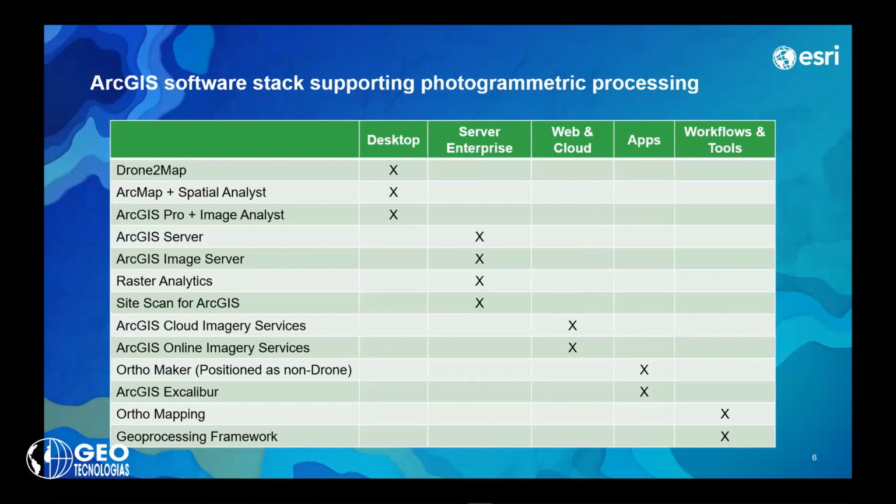There are two new offerings in the imagery space for Esri, and these are ArcGIS Cloud Imagery Services and ArcGIS Online Imagery Services. And both of these have to do with the ability to leverage cloud or ArcGIS Online resources to host and serve heretofore unavailable imagery services.